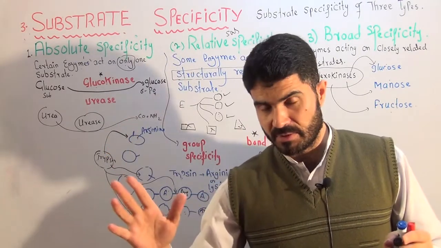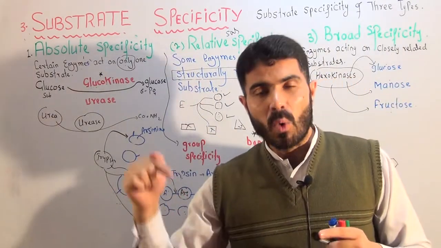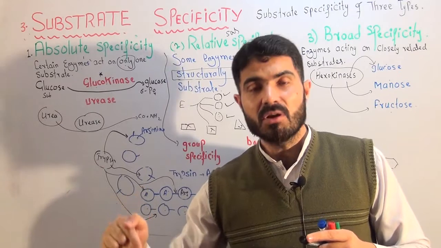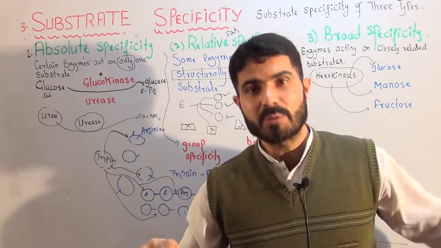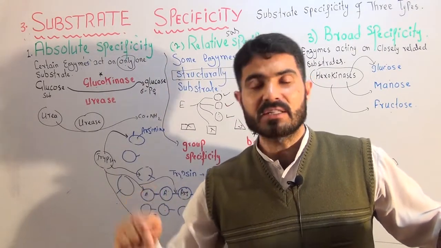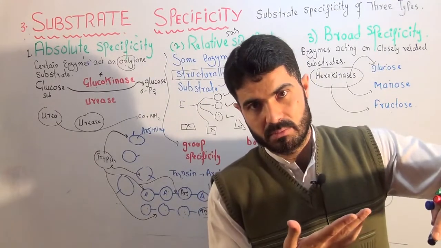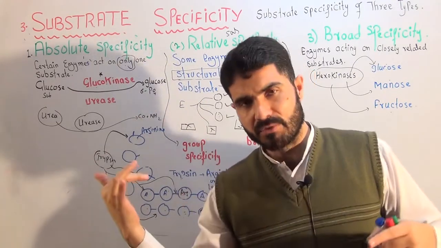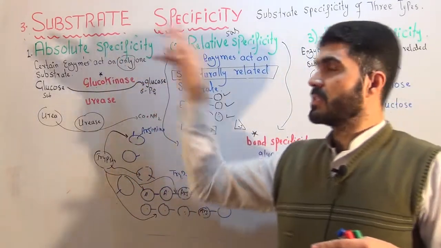In reaction specificity, one enzyme acts on a substrate, converting it into one product, but the same enzyme cannot act on the same substrate to convert it into another product. It was already recorded in my other video. In today's video lecture, we discuss substrate specificity.